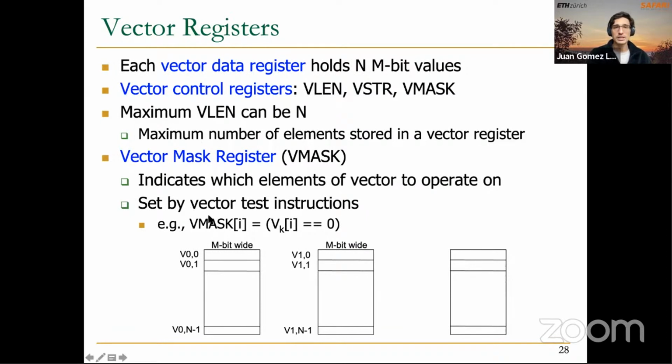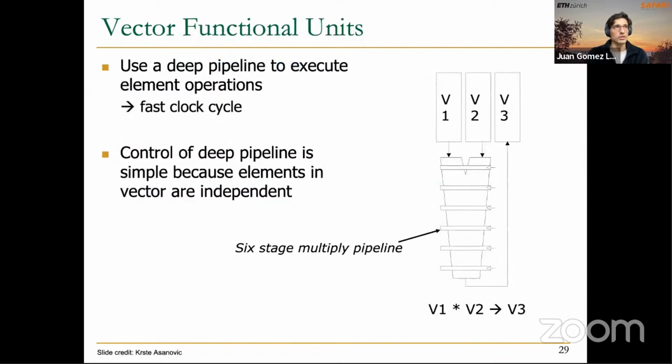The vector mask is just like a bitmap, each bit representing one of the vector lanes, and depending on its value, 0 or 1, the actual operation will happen or not, or the final result will be written to the destination register or not. We will see the example later.